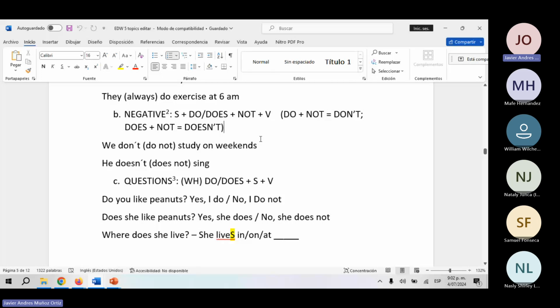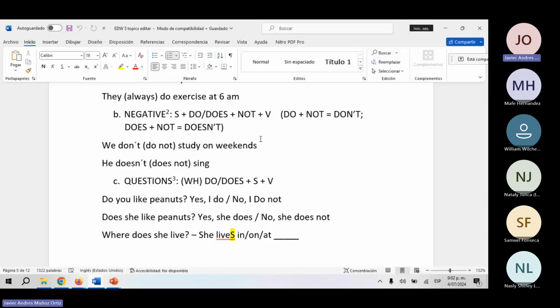What about negative sentences? With verb to be, we said that we needed to add the word no in Spanish, not in English, right? Something similar is going to happen here, because we are going to add a negative statement. But the negative statement here is not only a word, it's a compound of words. It's going to be do not or does not.